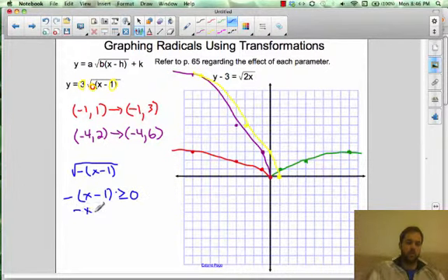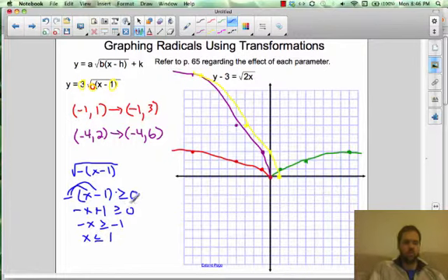So negative x plus 1, if we distribute this negative sign in there, has to be greater than or equal to 0, which means that negative x has to be greater than or equal to negative 1. When we divide by negative 1, we have to flip this sign over, which means x has to be less than or equal to positive 1.